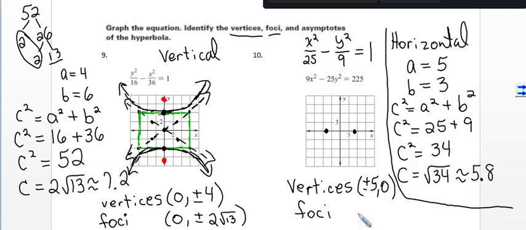The foci is going to be plus and minus the square root of 34, 0. So that's 5.8. Well, I put my 5 here. 6 is right on the line, so squeeze it in between there.